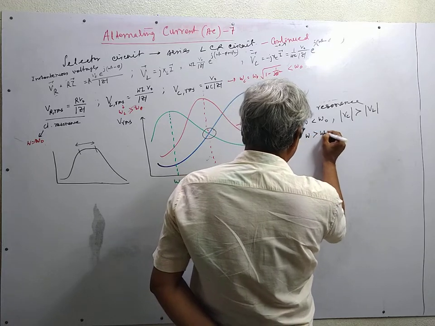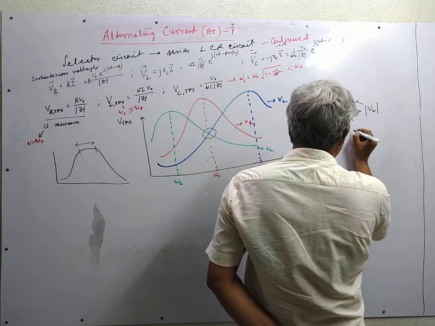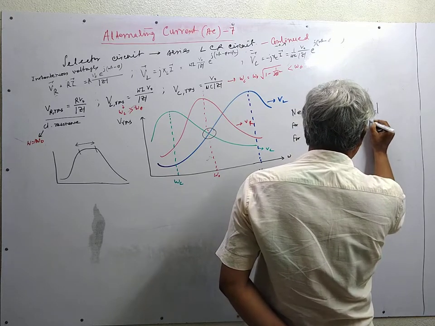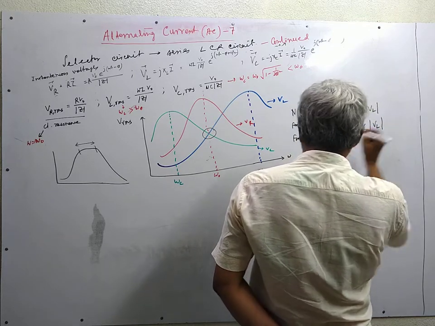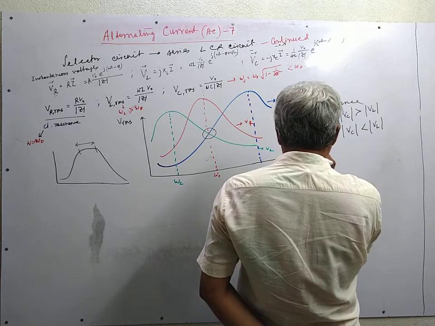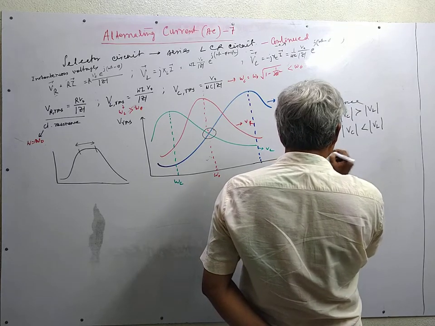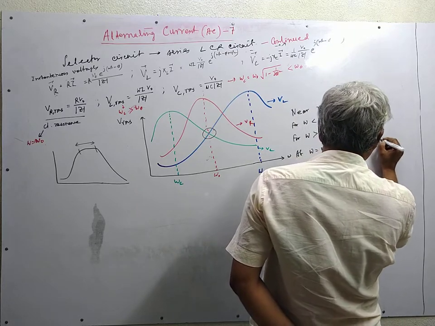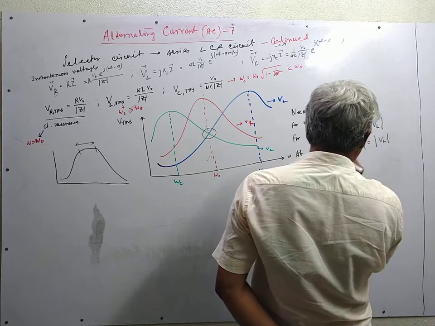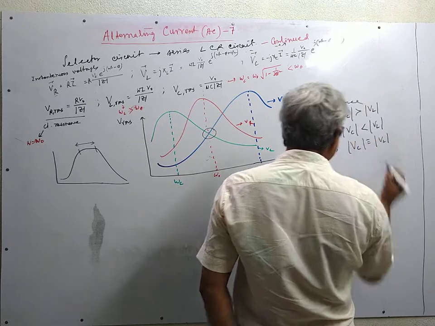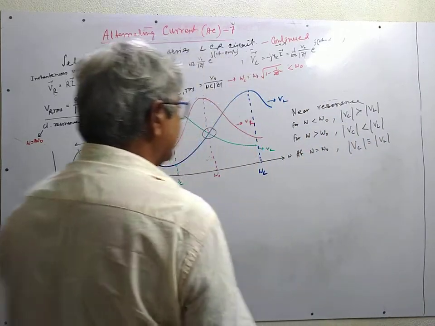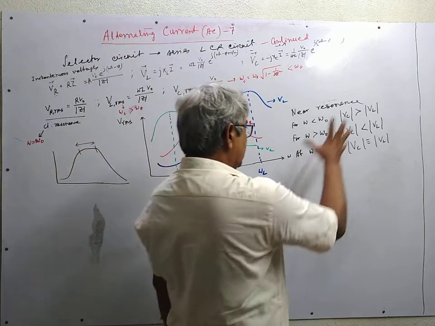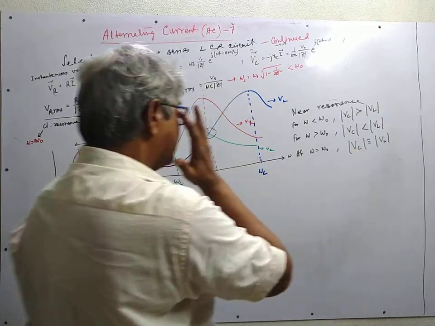For omega greater than omega 0, VC is less than VL, and at omega equal to omega 0, VC is equal to VL. In practice, this exact equality may not be obtained, so these two would be approximately equal. That will help you in determining the exact resonance position.